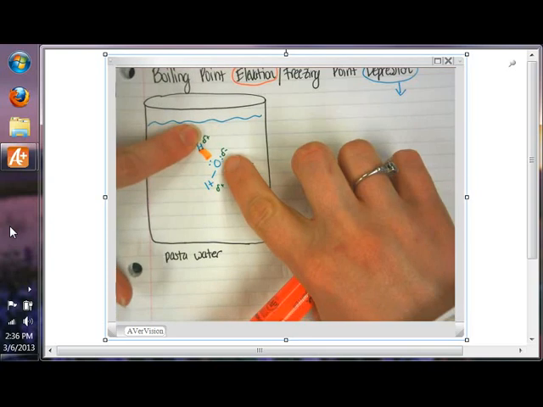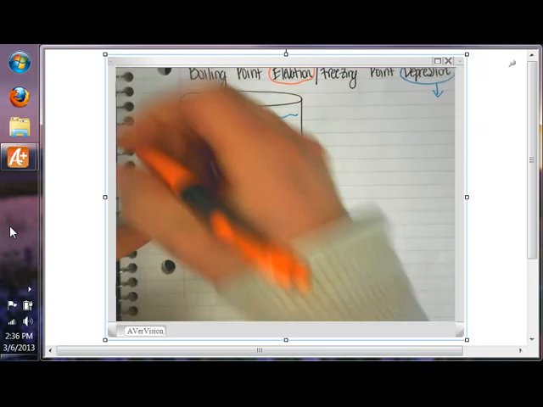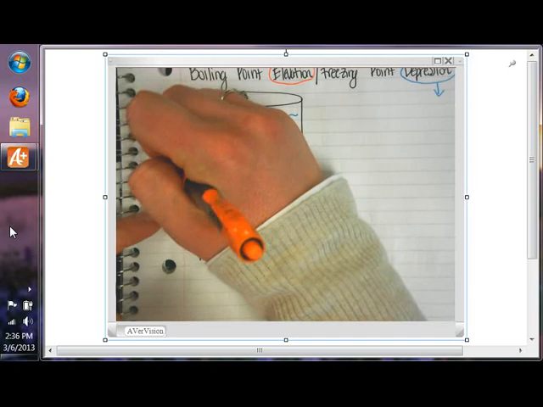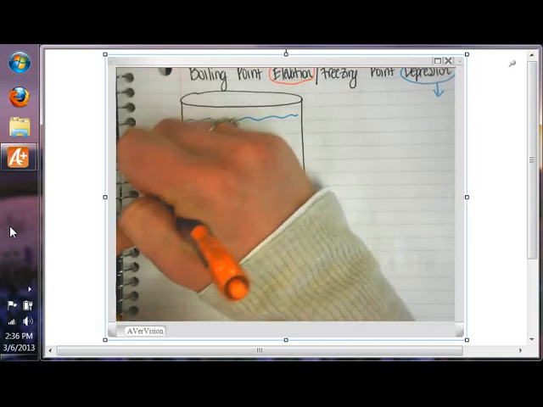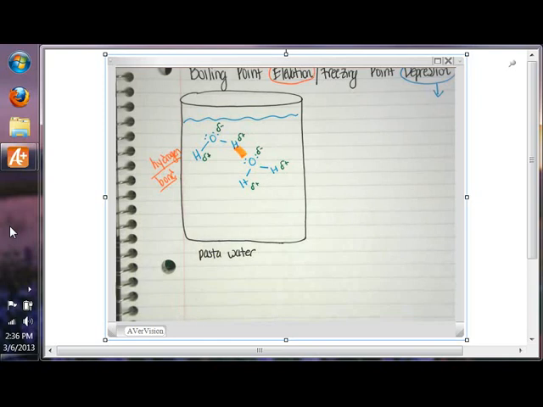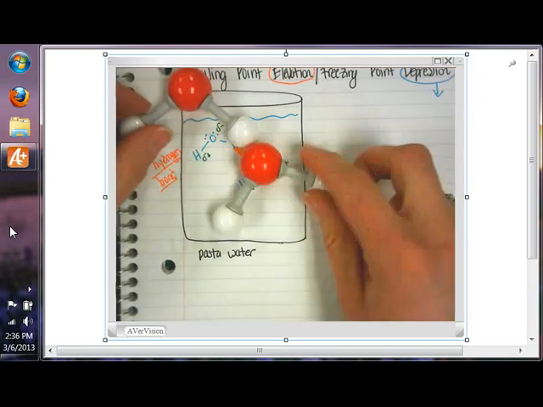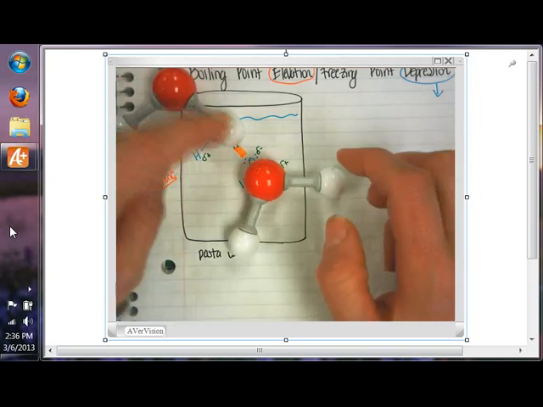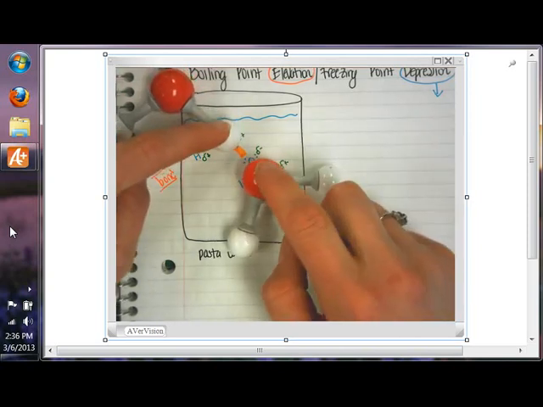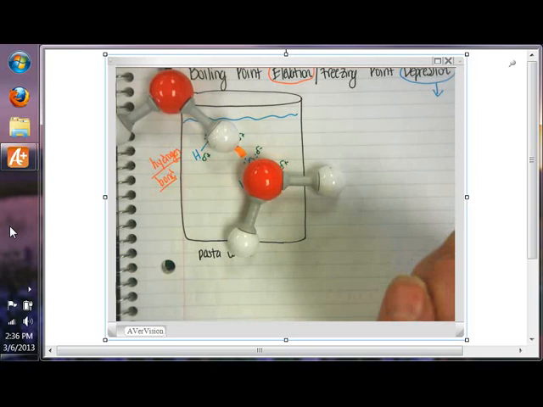One side positive, one side negative, and that is called a hydrogen bond. So we have our water molecules, and they like to stay together. The positive on one likes to hang out next to the negative on another.